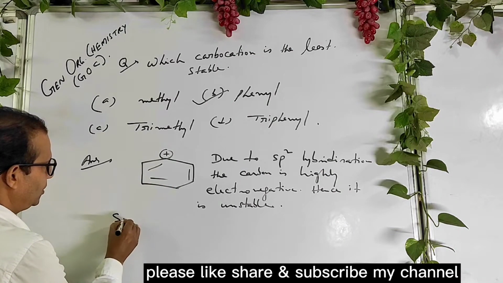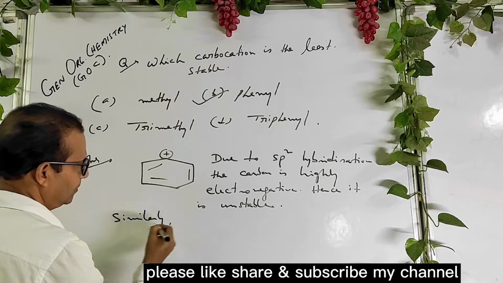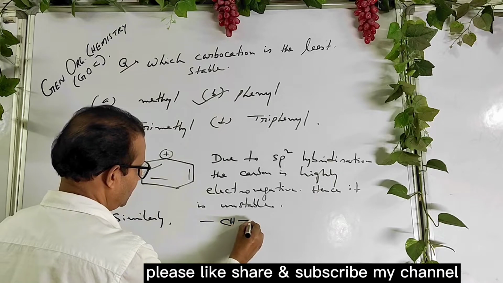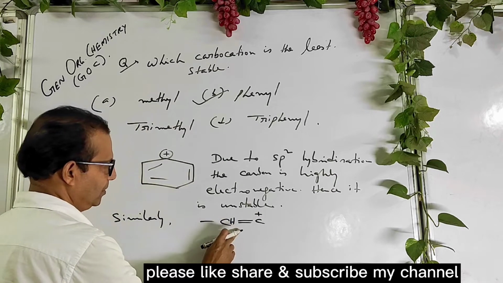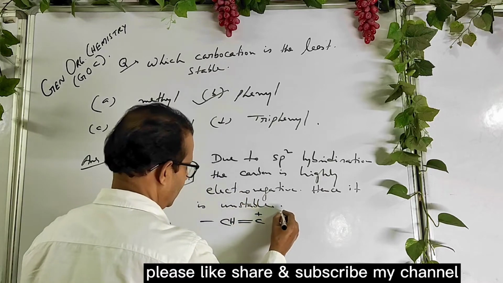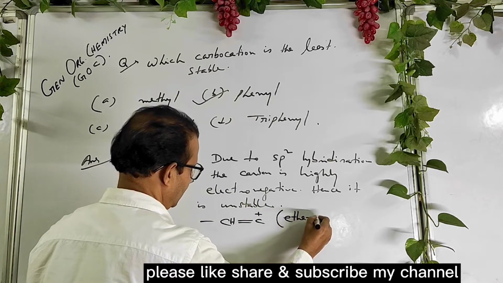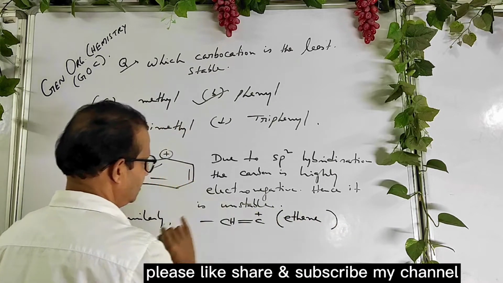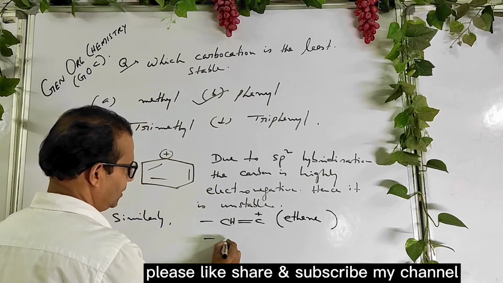Similar examples: CH double bond C positive carbocation. This is also least stable.